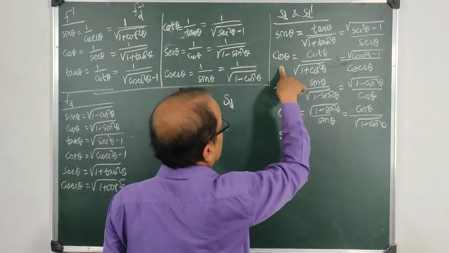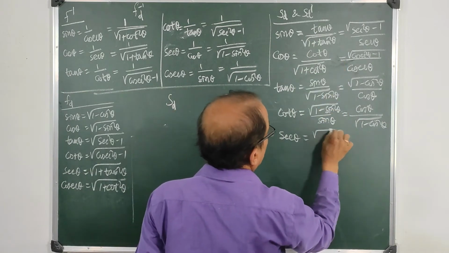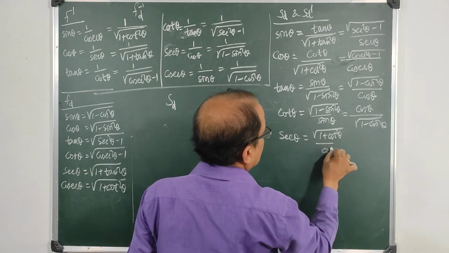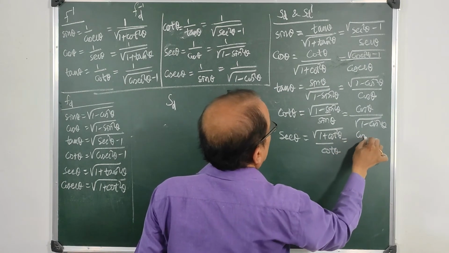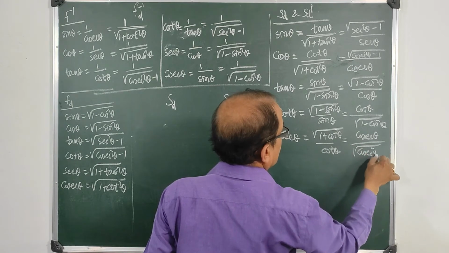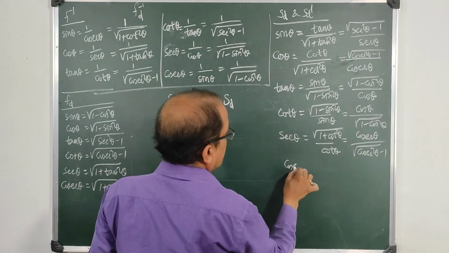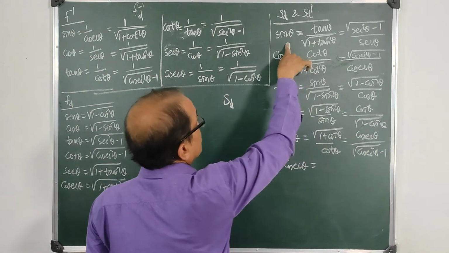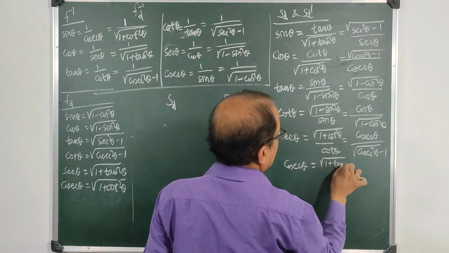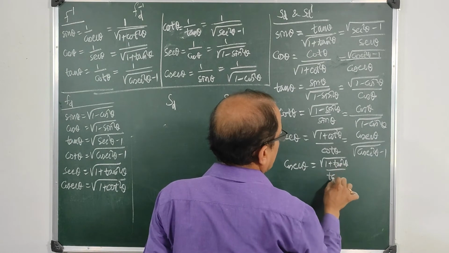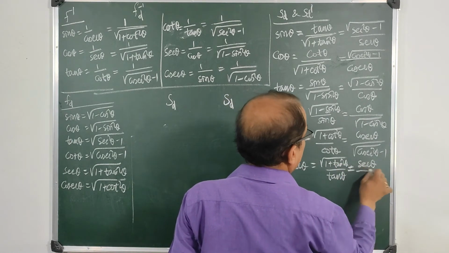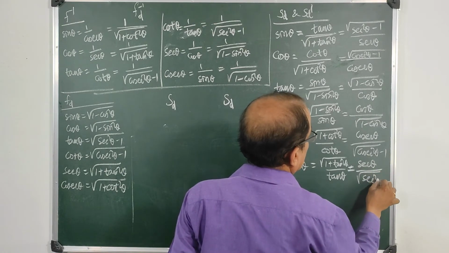Sec theta is reciprocal of cos theta, so it will be the reciprocal: root over 1 plus cot square theta by cot theta, or cosec theta divided by root over cosec square theta minus 1. Similarly, cosec theta is the reciprocal of sin theta, so this will be root over 1 plus tan square theta by tan theta, or sec theta divided by root over sec square theta minus 1.